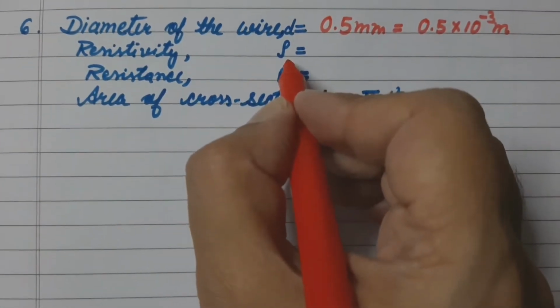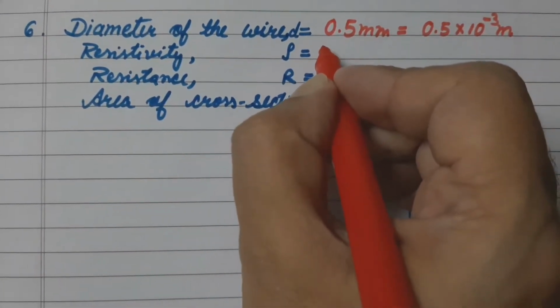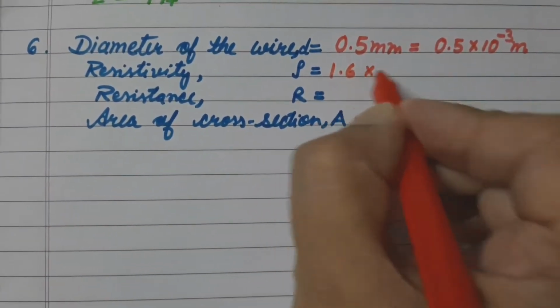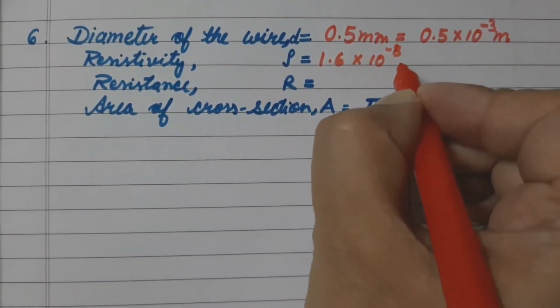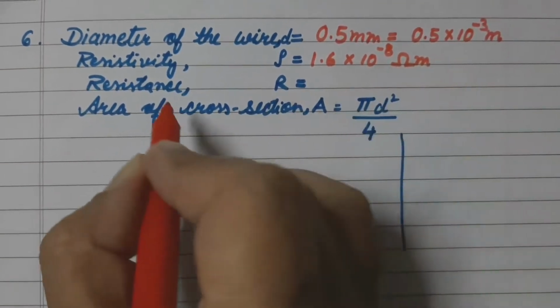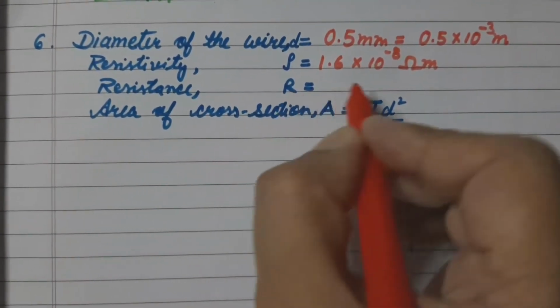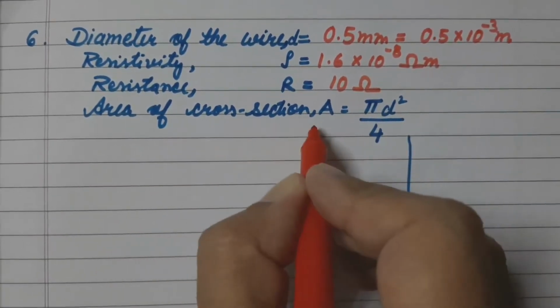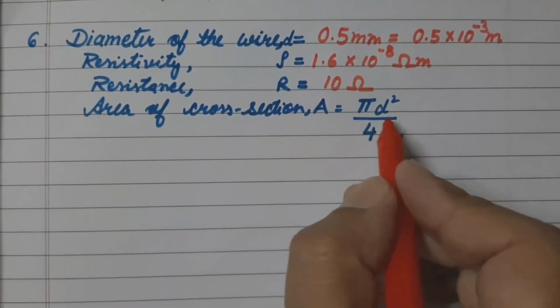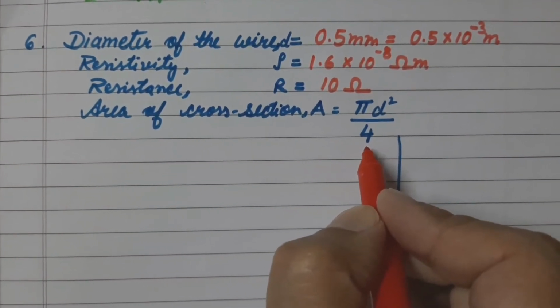Resistivity rho, given in the question, is 1.6 × 10^-8 ohm meter. Resistance R is 10 ohm. Area of cross section A equals pi d square upon 4.